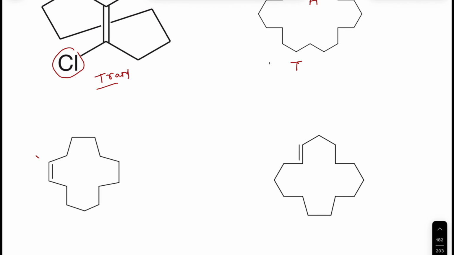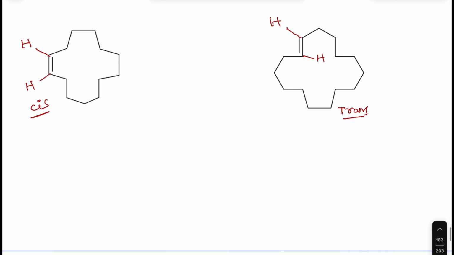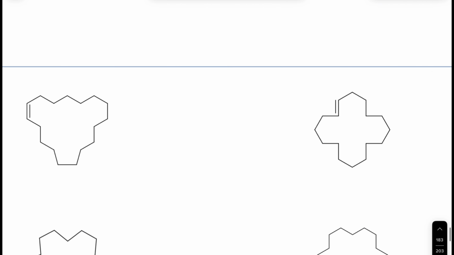Next one, here hydrogens you can see are on the same side, therefore this has cis configuration. And here you can see more than 8 carbon atoms, here one hydrogen, here one hydrogen. Hydrogens are on opposite sides, therefore this has trans configuration. And some more examples, let us do it fast. Here this is a hydrogen, this is a hydrogen. Hydrogens are on the same side, cis configuration.